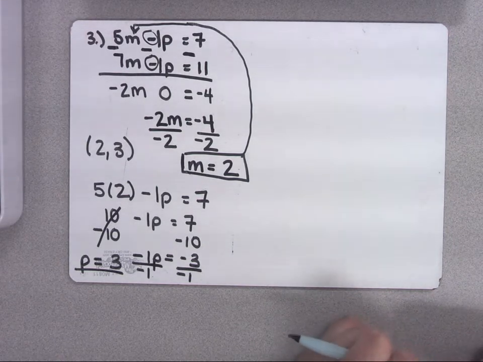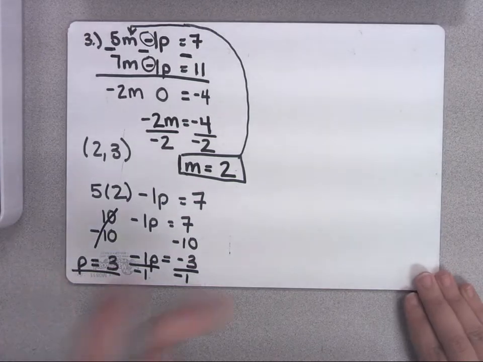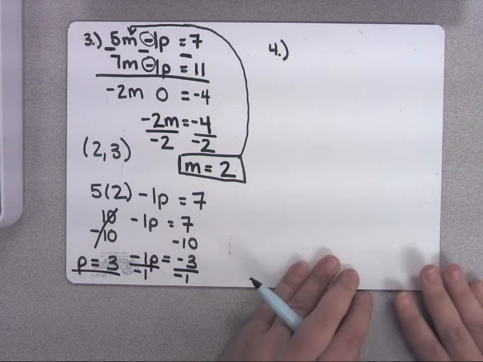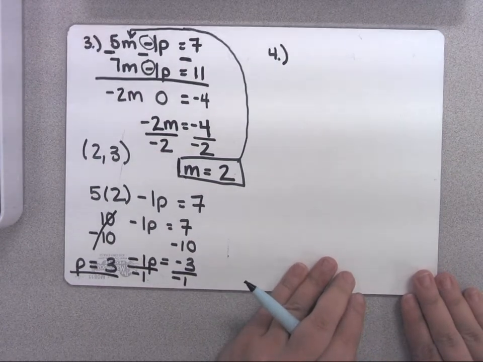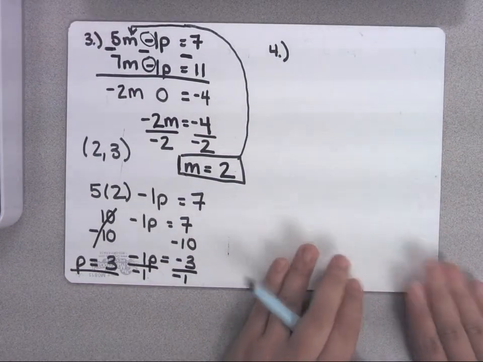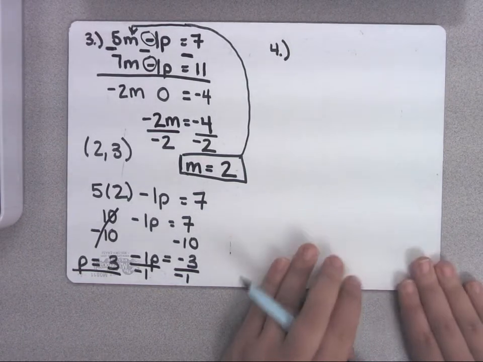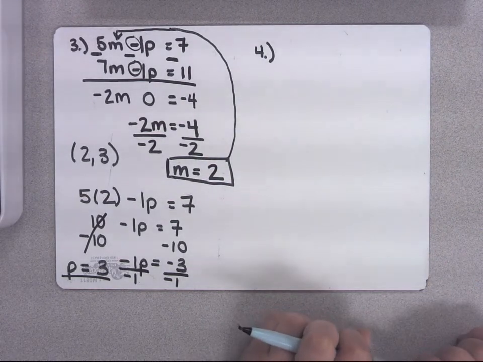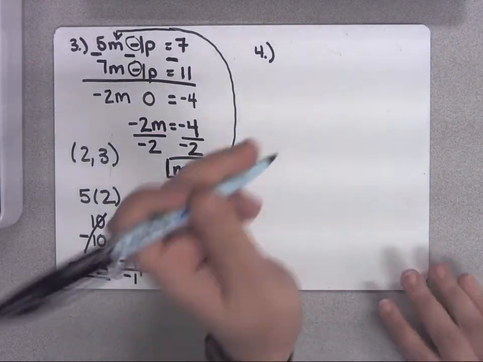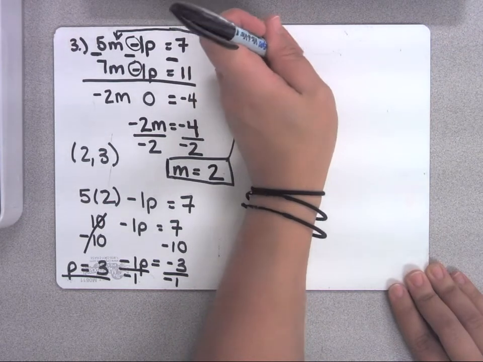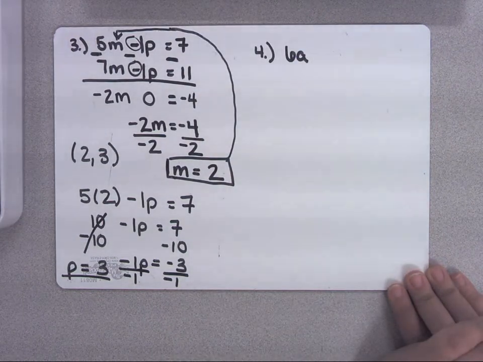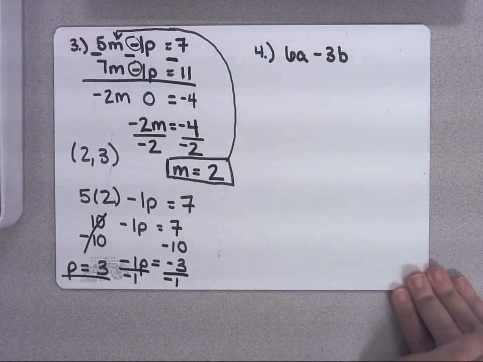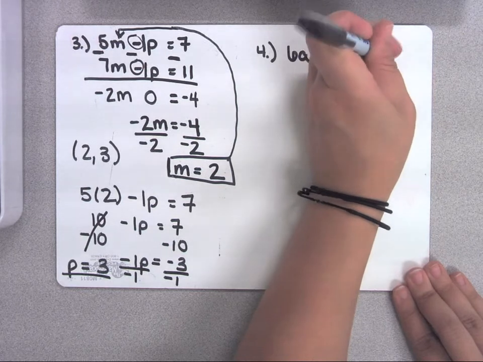Let's do one where maybe it's not in order. How about A and B? Let's do that. 6A, no, minus 3B equals 27.